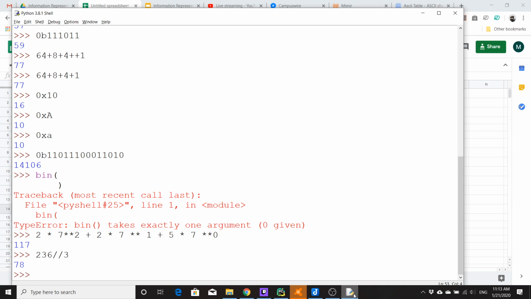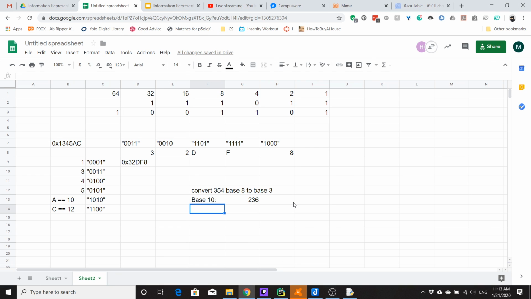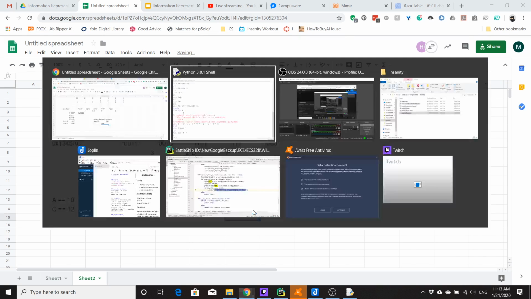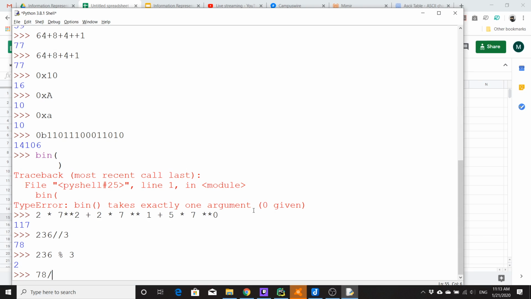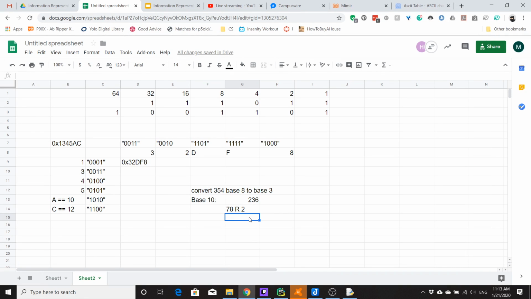That gives us 78, with a remainder of 2. So the first step, we get 78 with a remainder of 2. The next step is to divide 78 by 3, which gives us 26, and its remainder is 0. So we get 26 remainder 0.